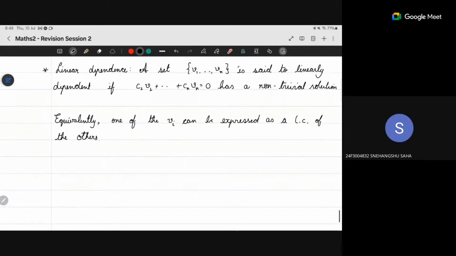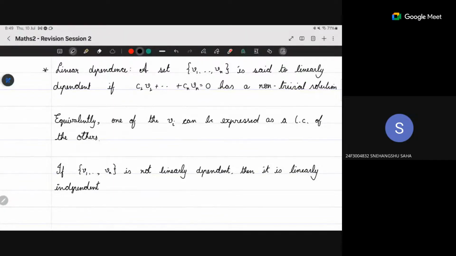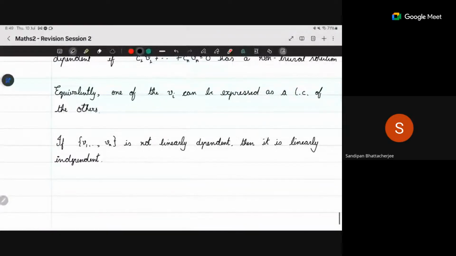So what is independence? Not linearly dependent is linear independence. If v1, v2, ..., vn is not linearly dependent, equivalently, we'll just write summation ci vi equal to 0 implies ci is equal to 0 for all i.